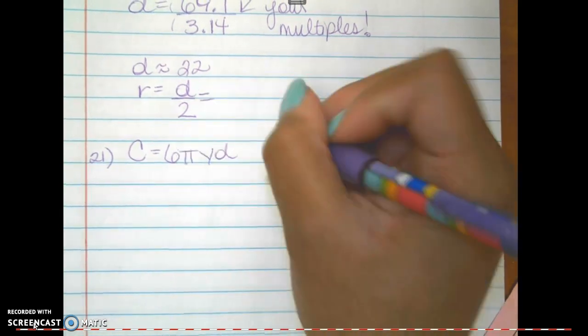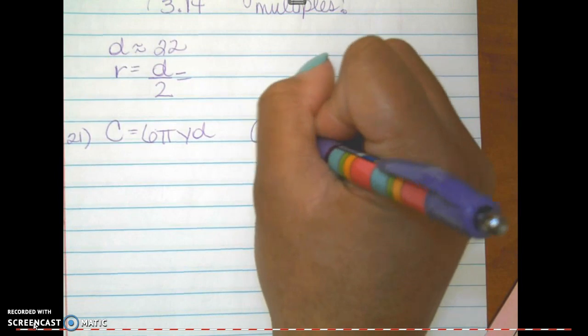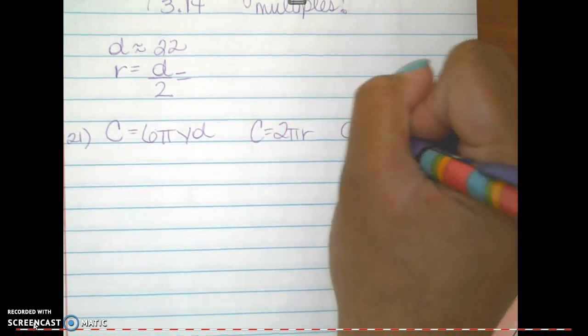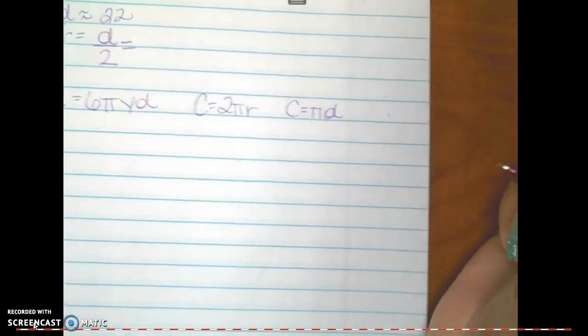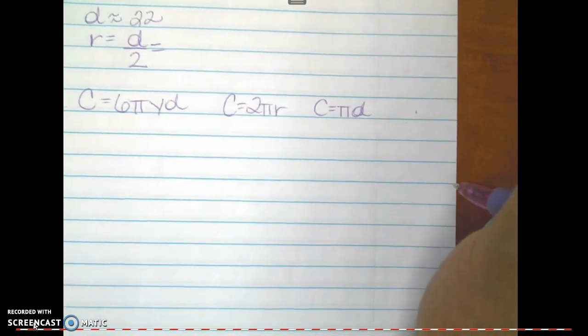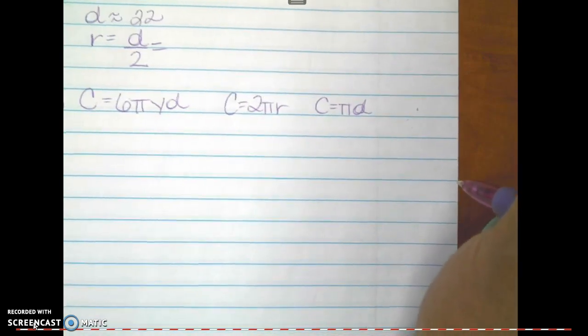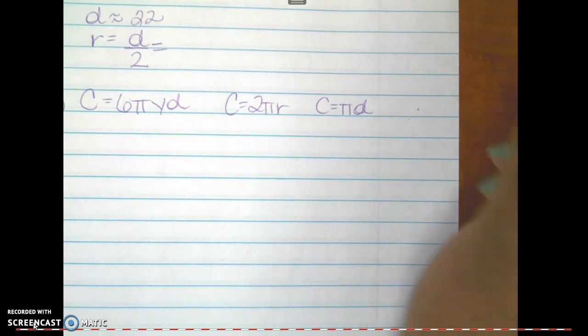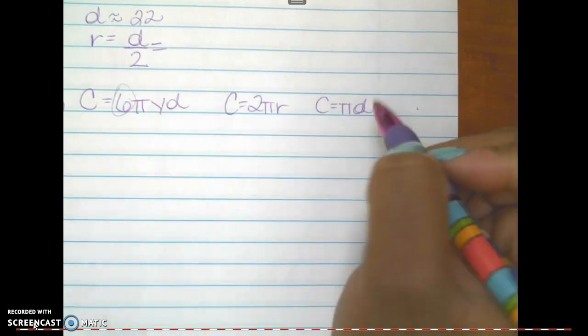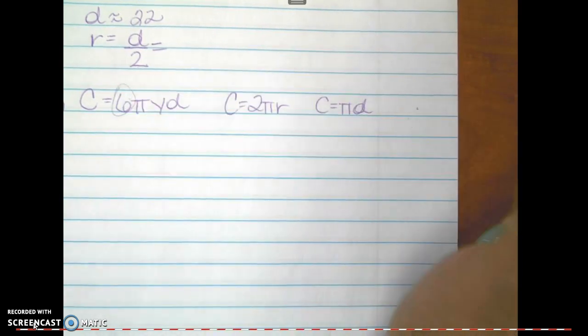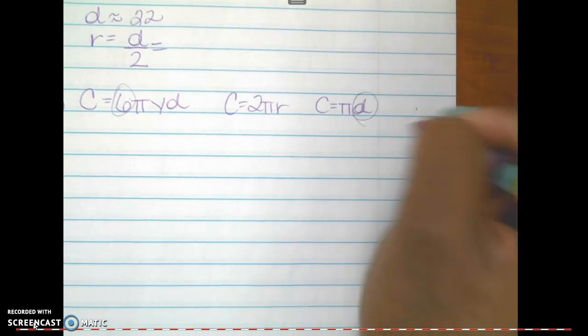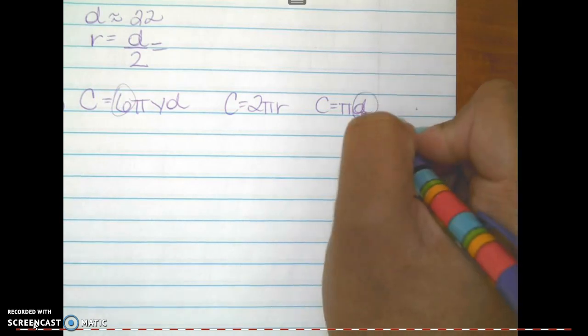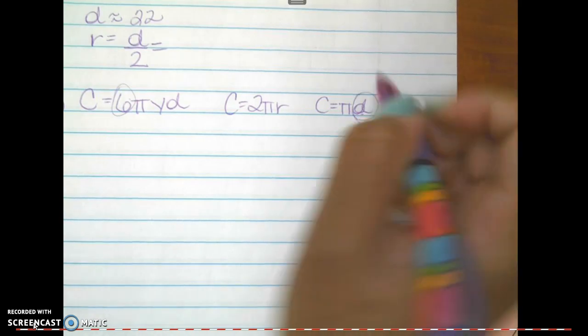So with this guy, which of these formulas can give me a dead giveaway as to the measurement? The 6 represents which one letter over here? Is it the radius or the diameter? It should be the diameter. Therefore, my diameter is 6.